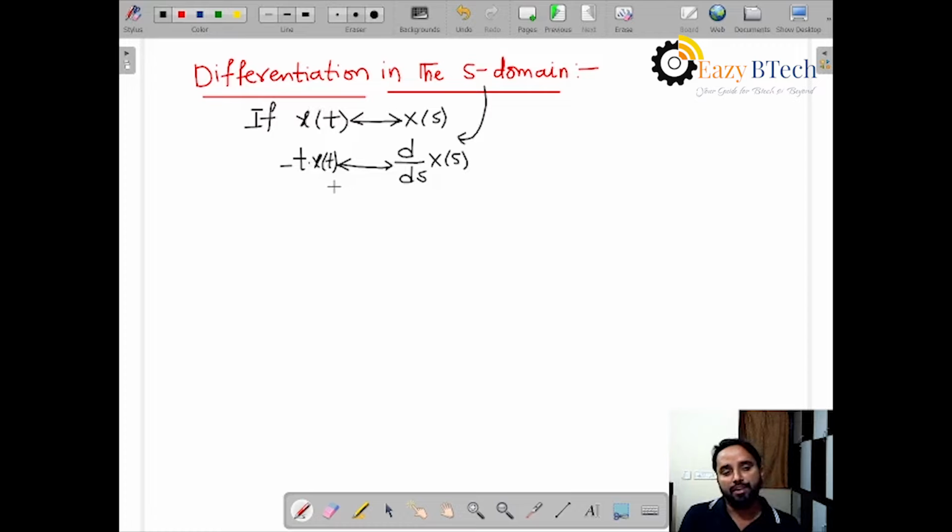So in the time domain, x of t is multiplied by minus t if you differentiate X of s one time with respect to s.